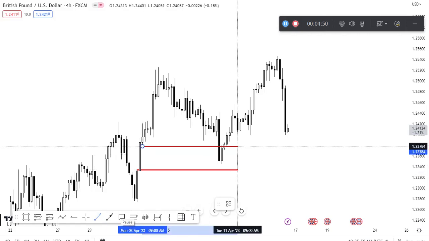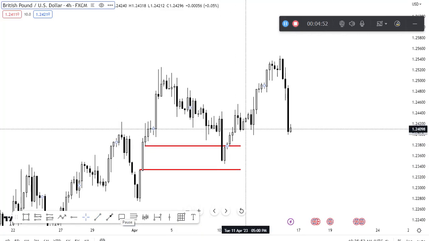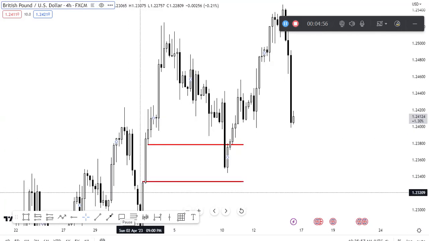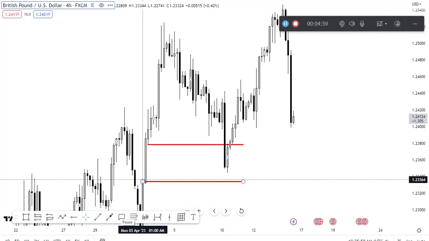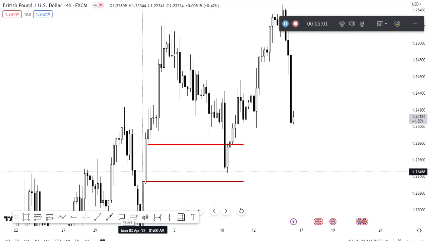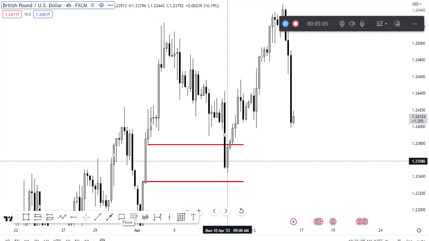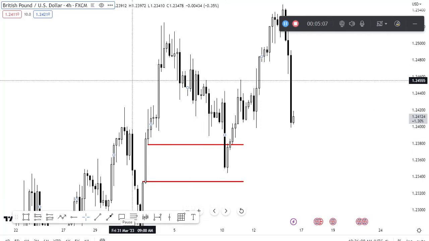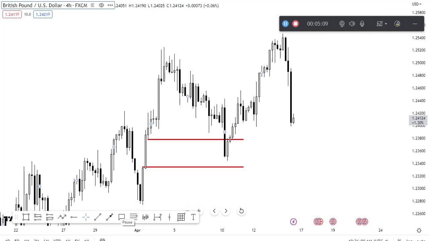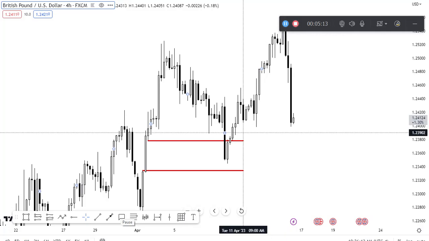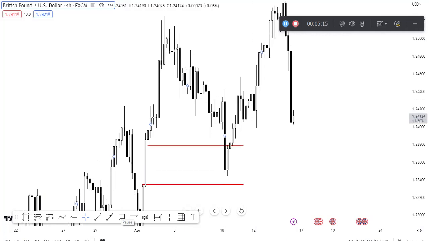As you can see, price did not fulfill this zone using the three bars A, B, and C. So price left this void, which price tends to rebalance and revisit to formulate or initialize a continuation moving bullish.